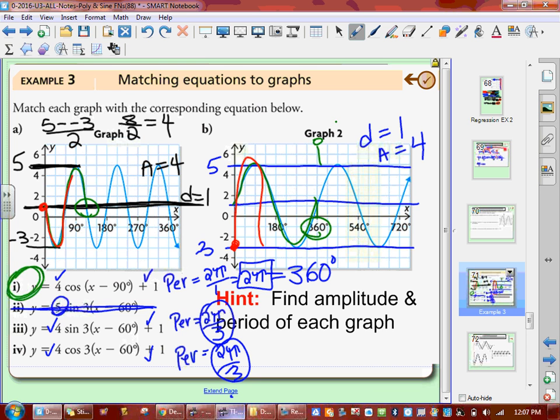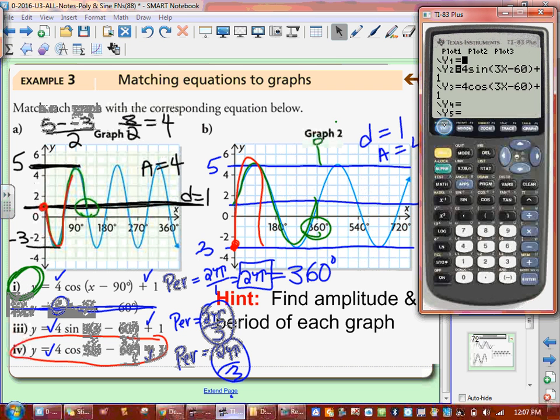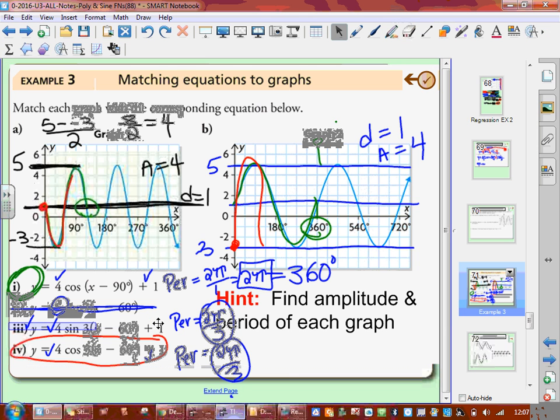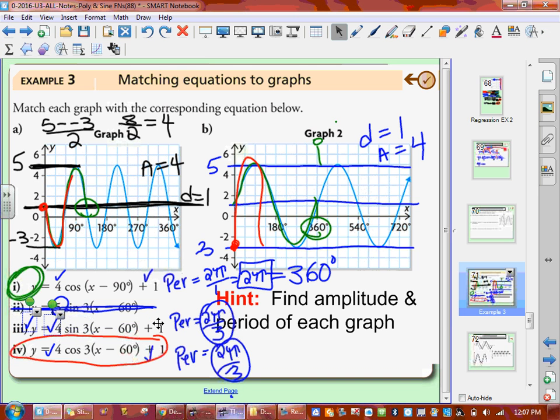Now, if I look at my number 4, is this one showing the exact same one? Well, is it a cos graph or is it a sine graph? That's the difference. One of them has sine, one of them has cos. So if I look at graph 1, is it a sine graph or is it a cos graph? Well, if I look at the graph that I just drew in here, and if I check my y equals, he's 4 cos 3x.